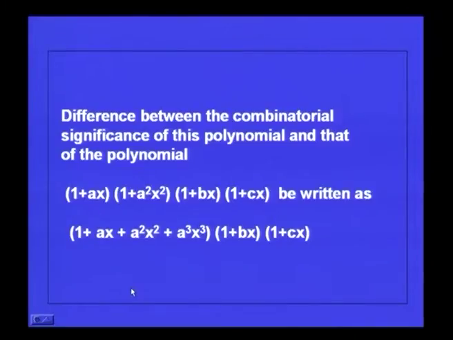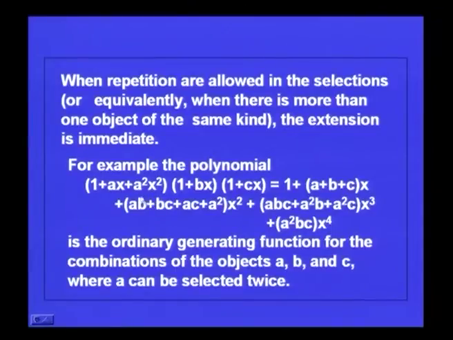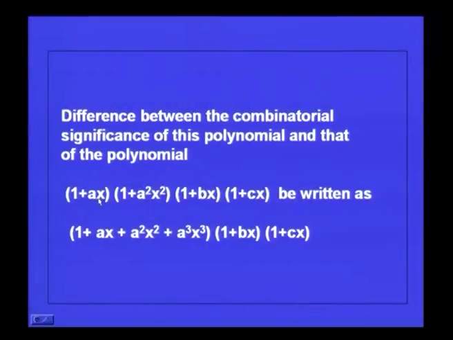You must note the difference between this and the polynomial 1 plus ax into 1 plus a squared x. See, we have considered like this: 1 plus ax plus a squared x squared for the selection of A. It is not the same as 1 plus ax into 1 plus a squared x, because in this case the expression will become like this.